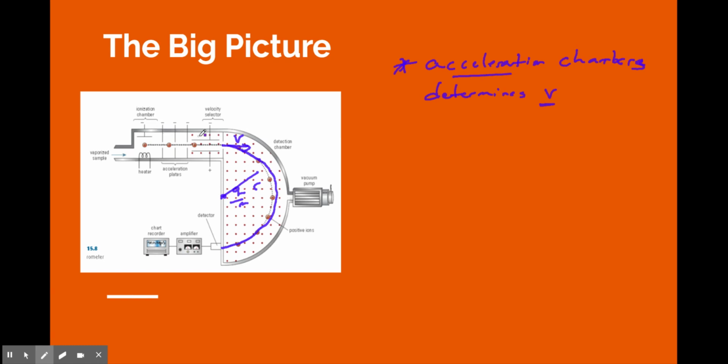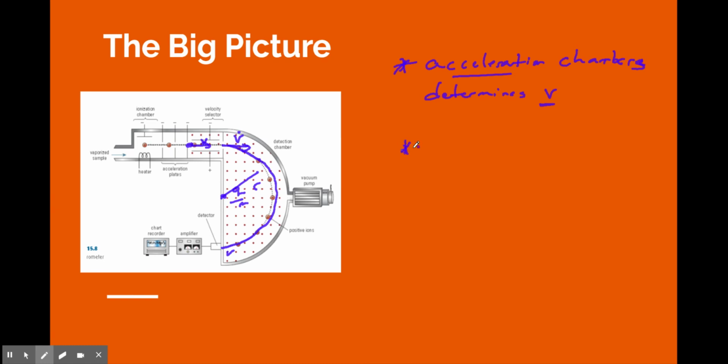Once this speed is established at this point right here, however fast it is coming out of here, that speed is maintained throughout. So if we know the speed here, we know the speed here, and we know the speed at the end. There are no forces that speed it up or slow it down.